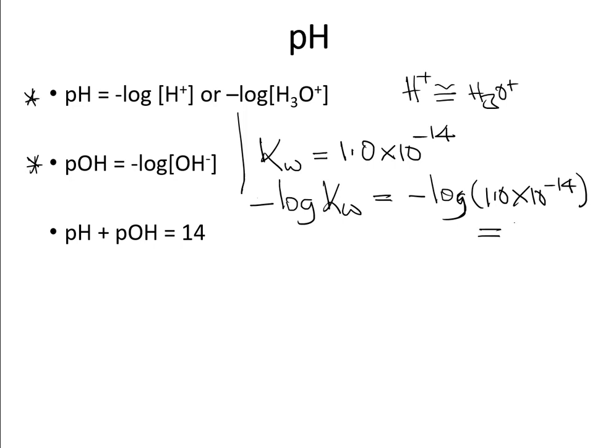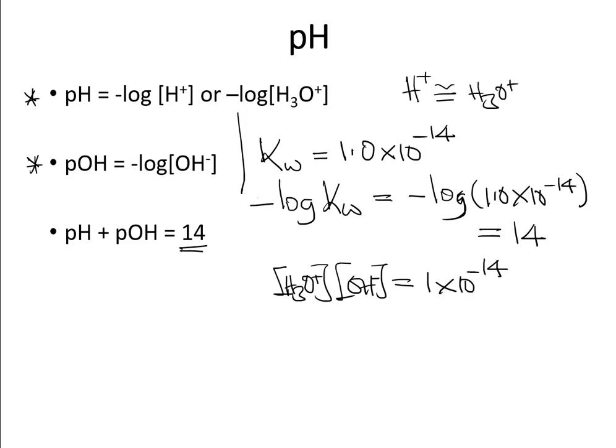This will be equal to 14. So this is the 14 that we have here. Why do we have 14 there? Because it has come from H3O plus times OH minus is equal to 1 times 10 to the power negative 14.